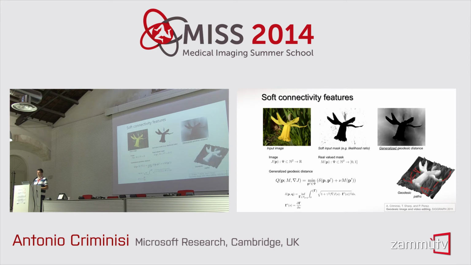Well, we're lucky because a few years ago we had a SIGGRAPH paper where we were talking about something called generalized geodesic distances. So normally, given an image and given a binary mask, which has got 0 for where the object is, by whatever definition of object, and 1 everywhere else, you can use the gradients of the image to compute all possible distances from every point in the image to the object.